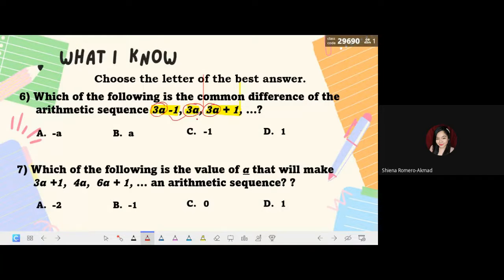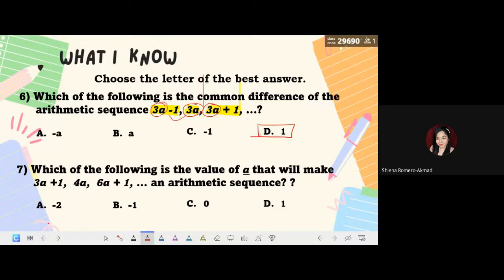Saan lang may nagbago? Dun sa constant number. Okay? Dito sa constant number na to, may nagbago. Dito, negative 1 siya. Dito, wala. Dito, positive 1. So, what do you think should be added to negative 1 to make it 0? Kasi wala dito eh. Yes, Mark? Letter D po. Letter D po, positive 1.